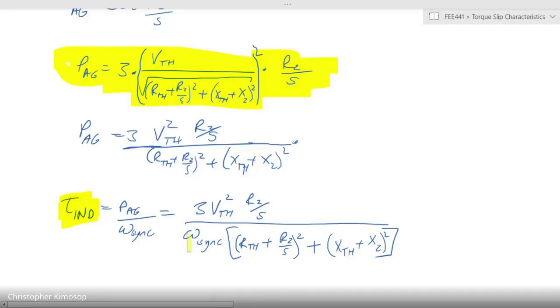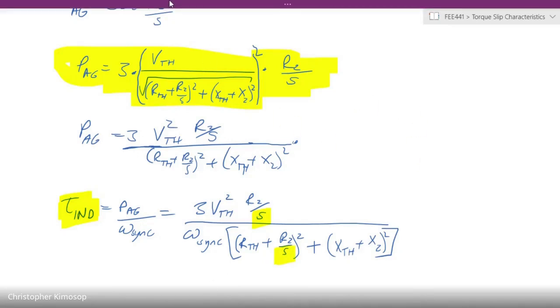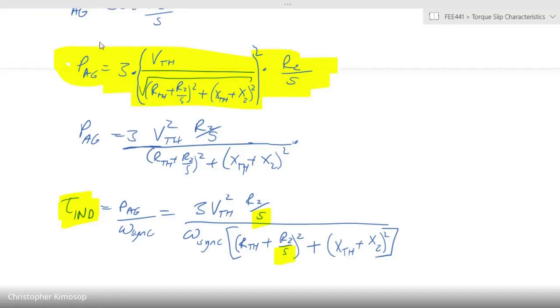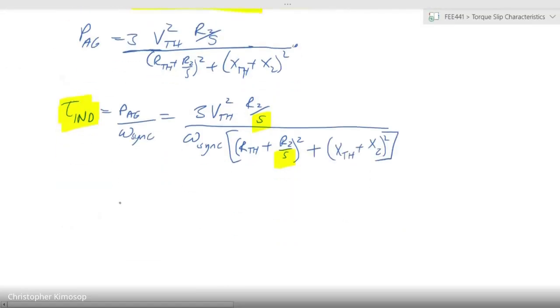This synchronous speed is a fixed speed, it's not a variable. Actually, the speed we are looking at is represented by those slips over there, okay? Those values of slip are directly proportional to the speed that we were talking about.